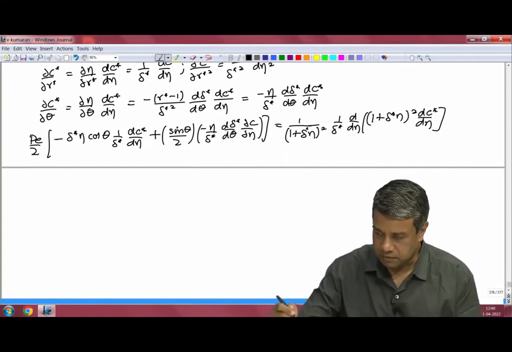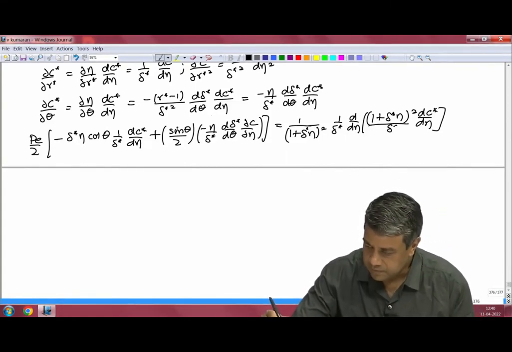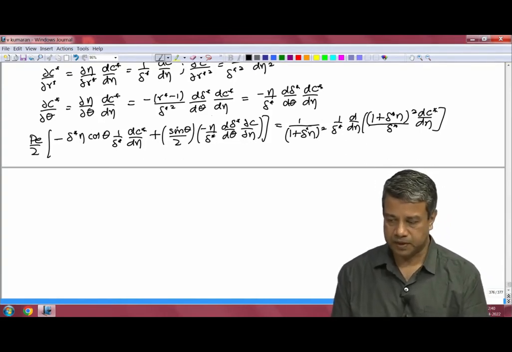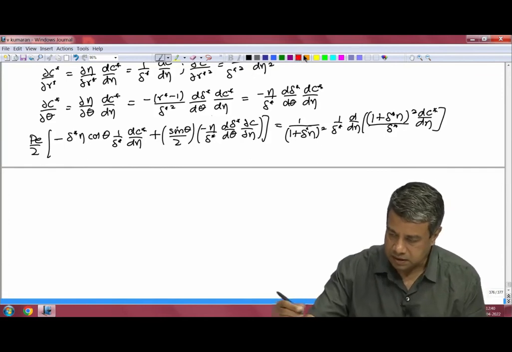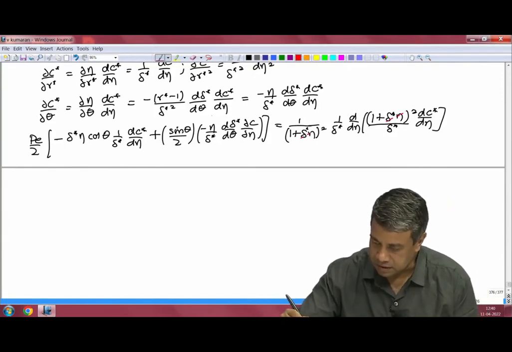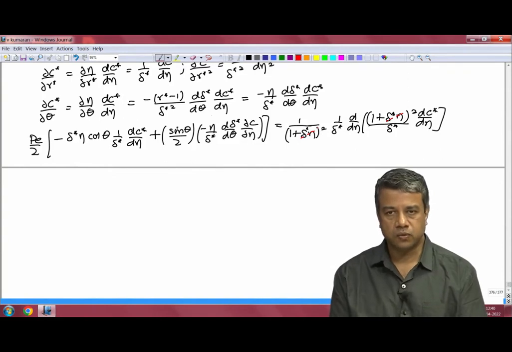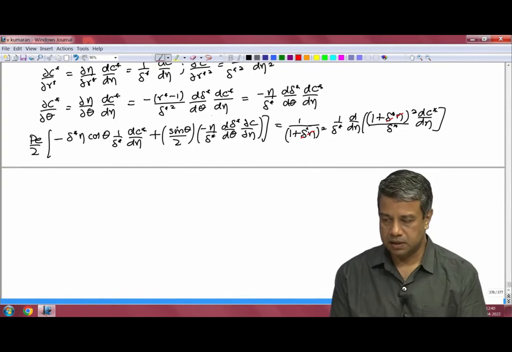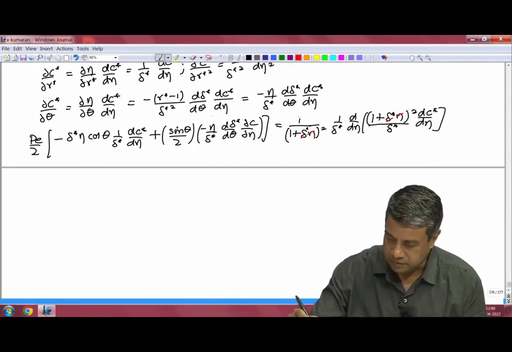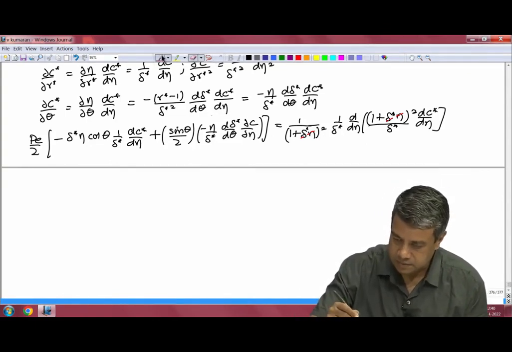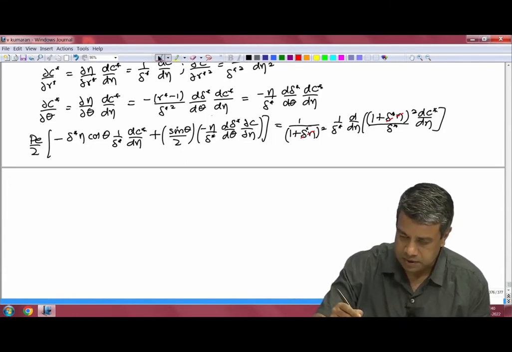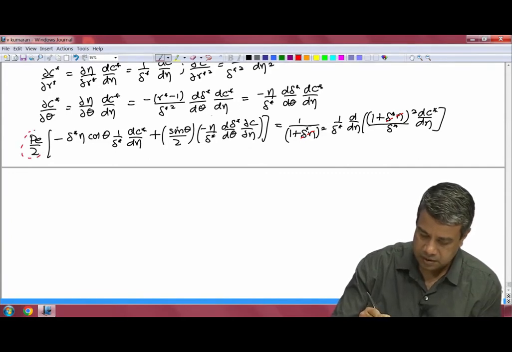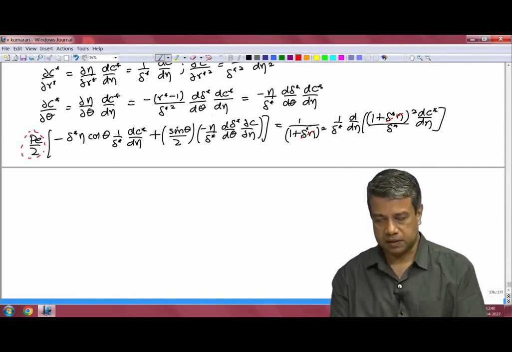And I have to have a 1 over delta here, because the derivative with respect to r is 1 over delta times the derivative with respect to eta. And in this I can neglect delta eta in comparison to 1, because delta is small compared to 1 and eta is order 1. There is no diffusion coefficient here, because that is incorporated in the Peclet number.